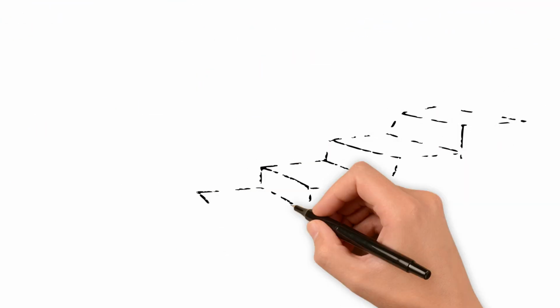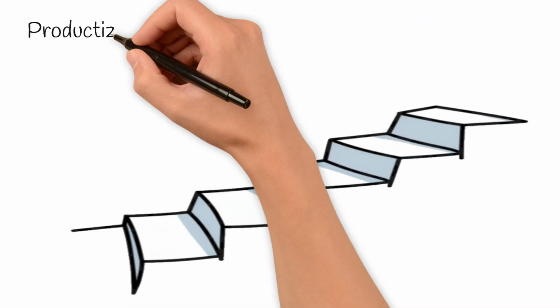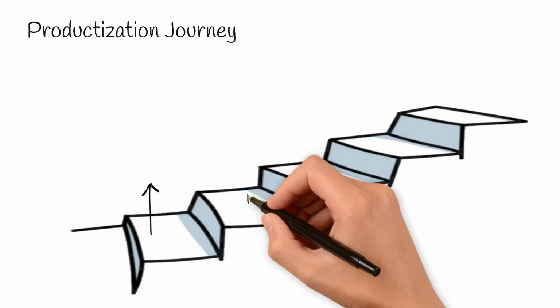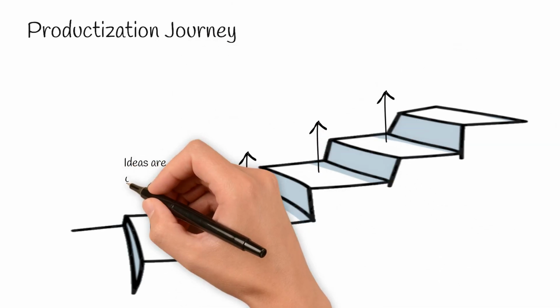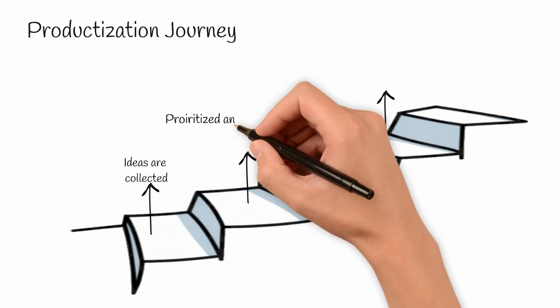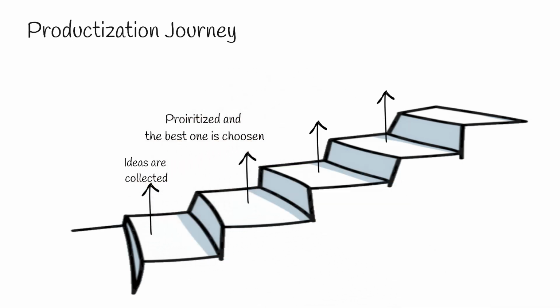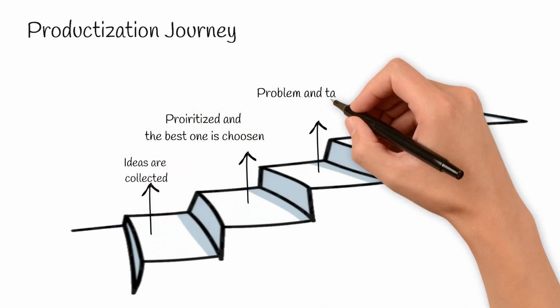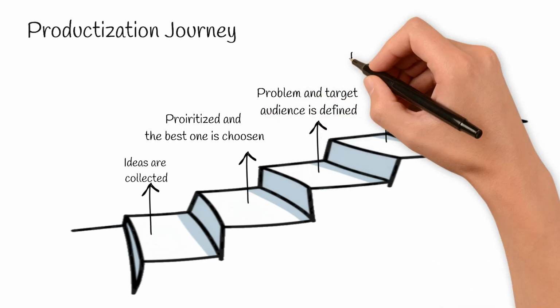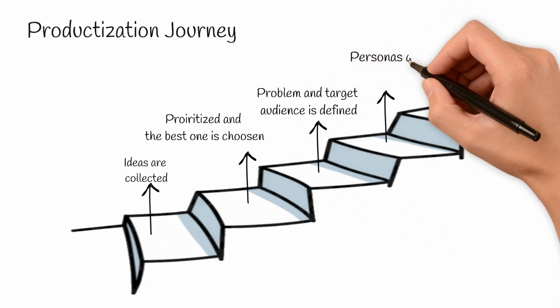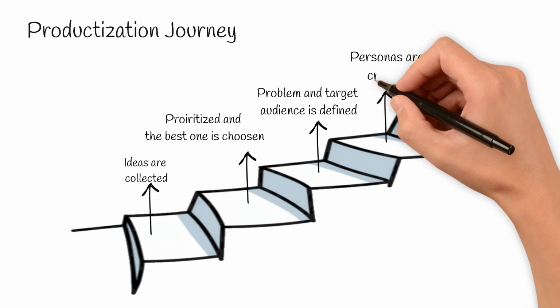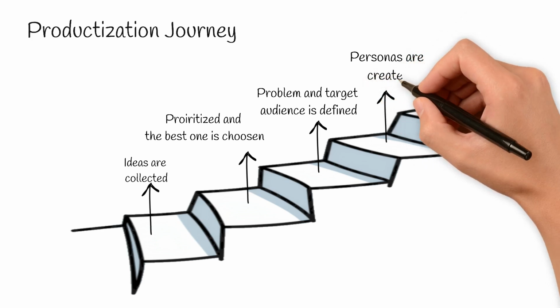So let's close this lesson by looking at what we now have. Up to this point in our productization journey, you have collected your ideas, prioritized them, chosen the best one, and defined the problem and the target audience. With personas, you now bring that audience to life. You have real stories, real goals, and real pain points to guide you.